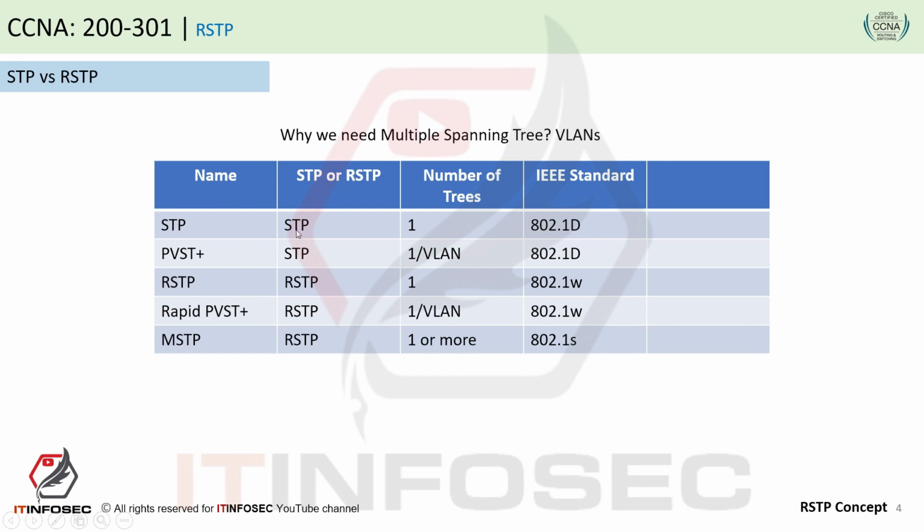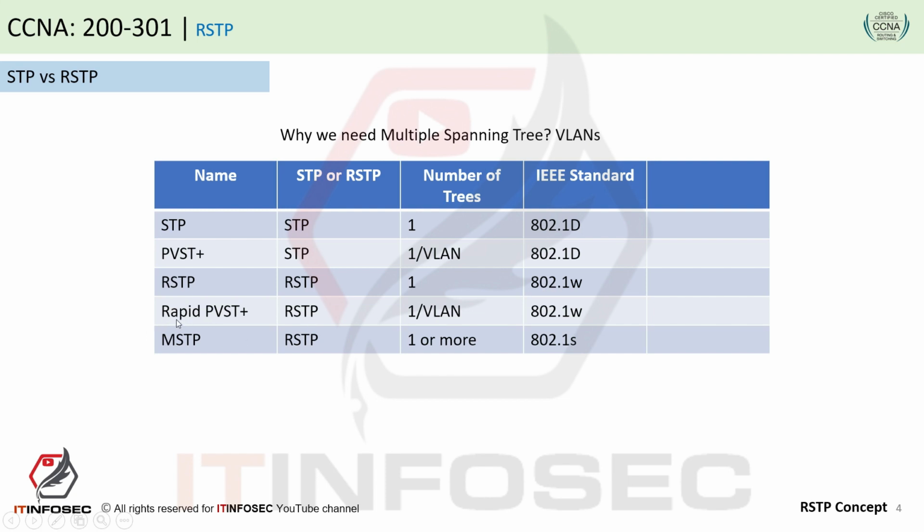Okay, so this table shows these protocols. STP is STP-based, with just one tree for preventing loops between the switches, under the standard 802.1d. Per VLAN Spanning Tree Plus, or PVST+, is categorized under STP, with one tree per VLAN, and uses the 802.1d protocol. If we implement RSTP, it's categorized under RSTP with just one tree, under the 802.1w protocol.